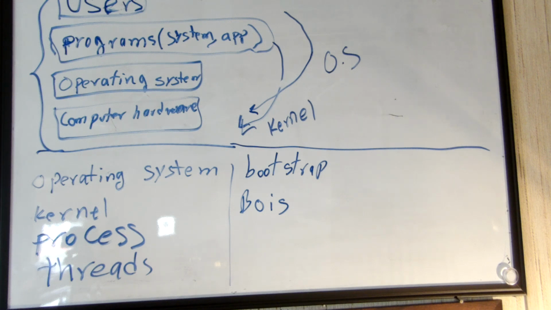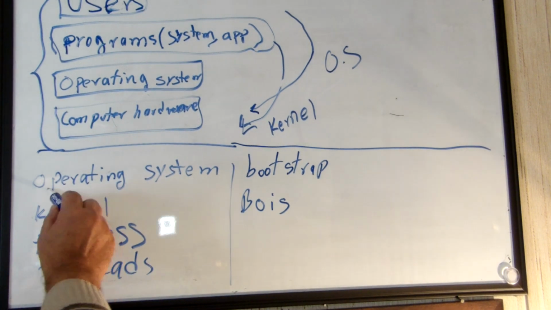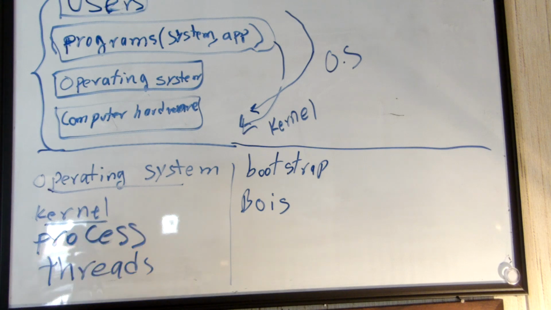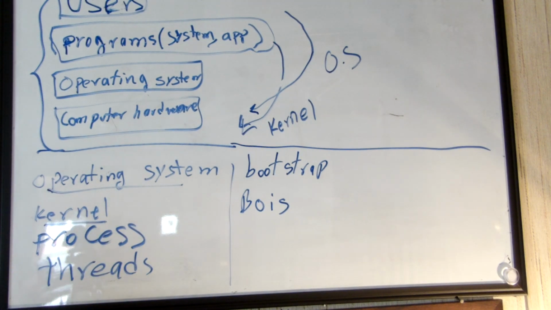So we have the kernel. The kernel is also a system software, a part of the operating system, and it provides the interface between application and hardware.